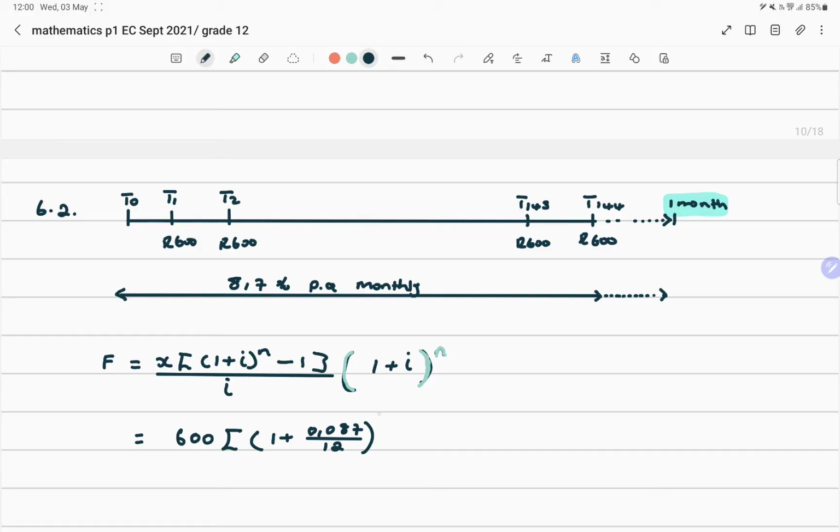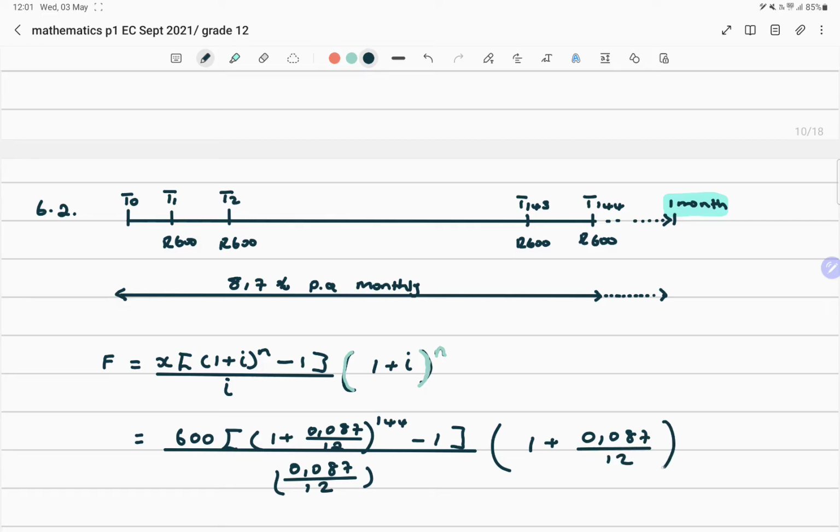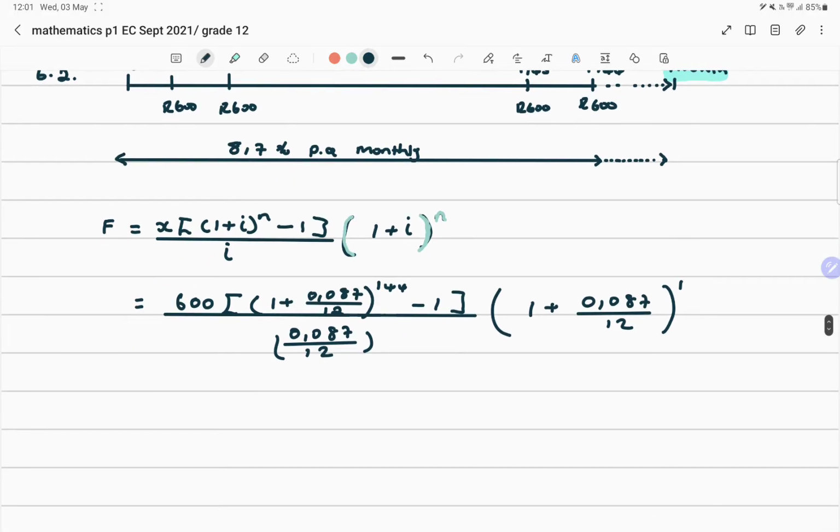And then to the exponent 144 minus 1. And then we're going to divide this one by 0.087 all over 12. And then we multiply this thing by 1 plus, this didn't change, 0.087 over 12. This is to the 1 because it's just 1 month extra.